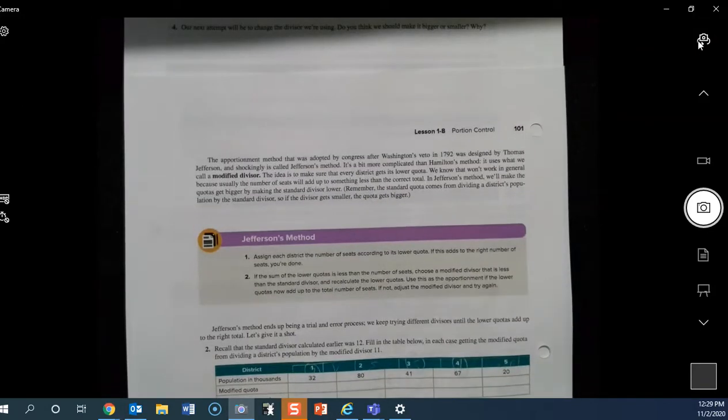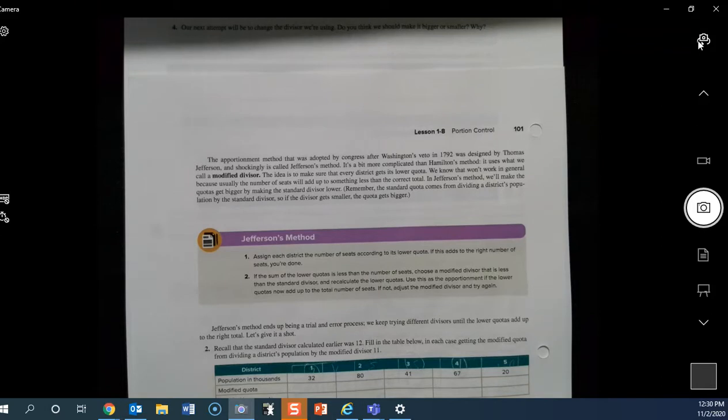It says here, the apportionment method that was adopted by Congress after Washington's veto in 1792 was designed by Thomas Jefferson, and shockingly is called Jefferson's method. It's a bit more complicated than Hamilton's method. It uses what we call a modified divisor. The idea is to make sure that every district gets its lower quota.